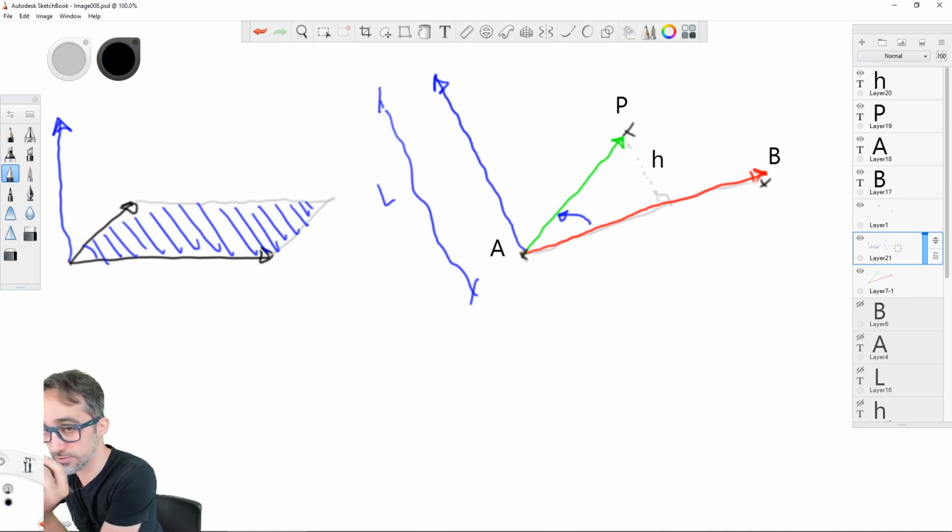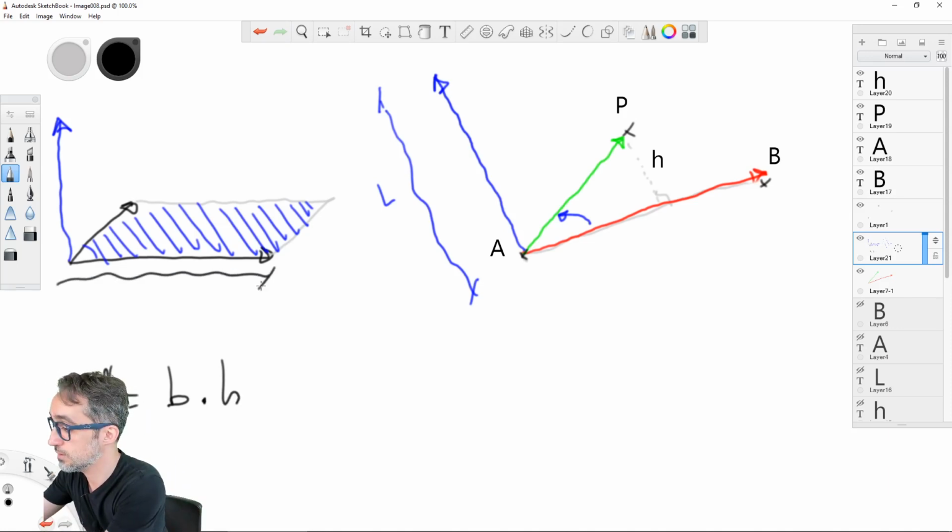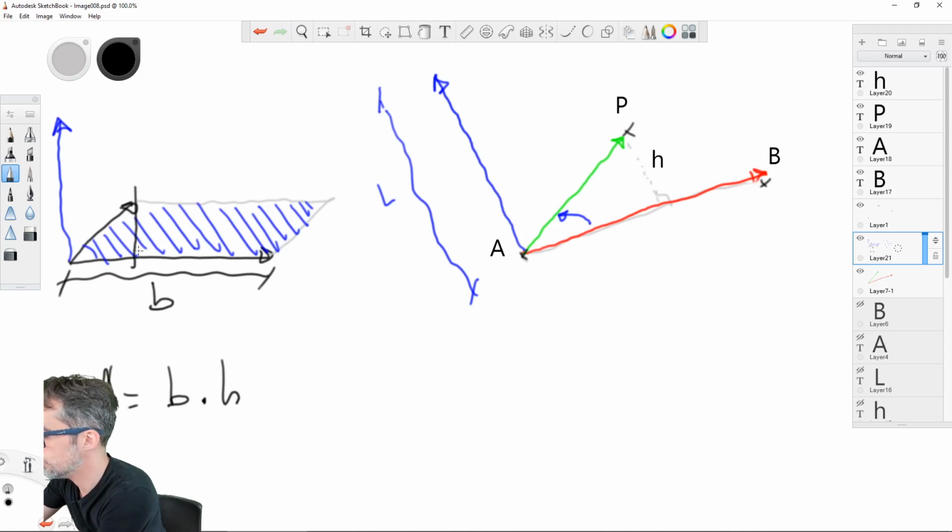If you remember, and you can Google this, the area of a parallelogram equals the base of that parallelogram times the height of that parallelogram. The base would be this one, so it would be B, and the height would be this one here.